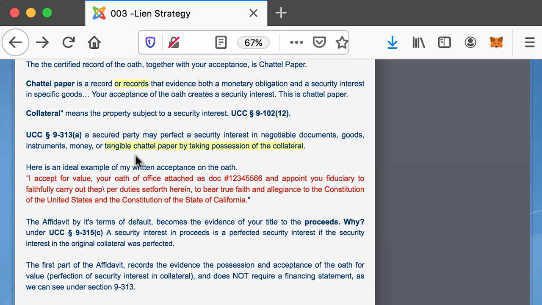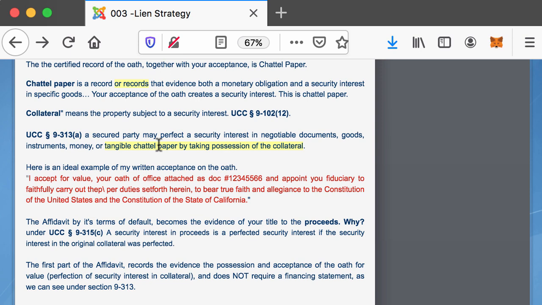So the certified record of the oath, and remember that's the chattel paper, it's part of the record of the monetary obligation and the security interest. This is telling you that you can perfect a security interest in this type of collateral, which is tangible chattel paper, by taking possession of it.